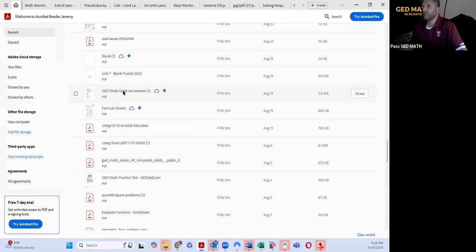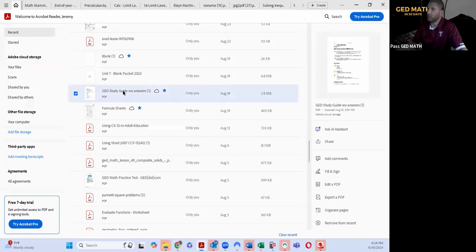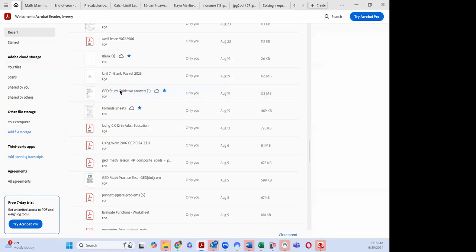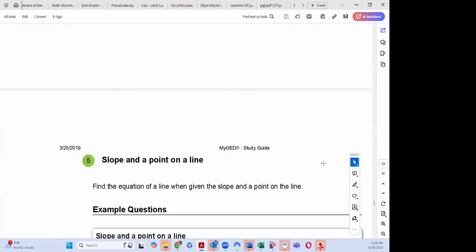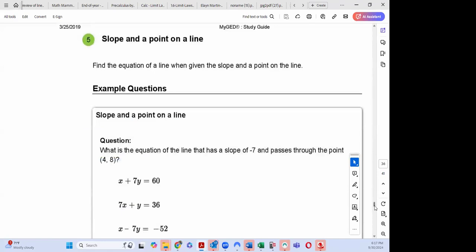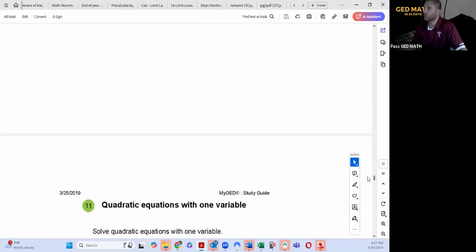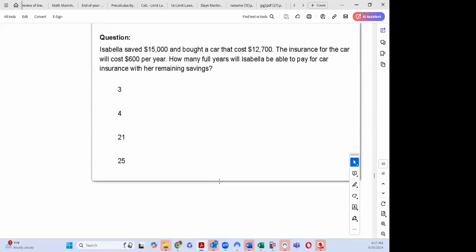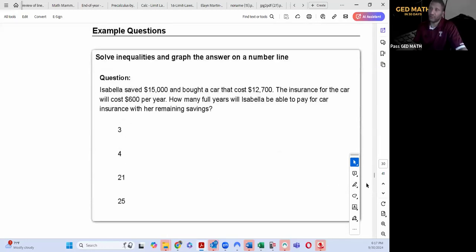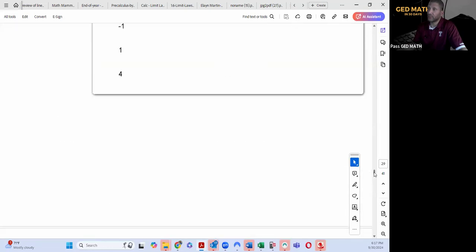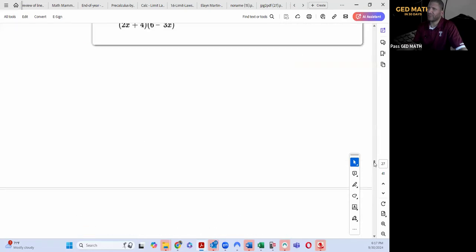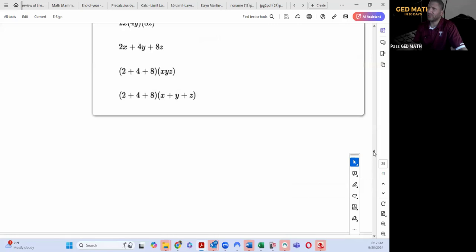So let's look at this right here. Let's see if they got inequalities on this one. I think they got word problems here. Yes, here they got a word problem for inequalities. Let's see if I got an explicit inequality.